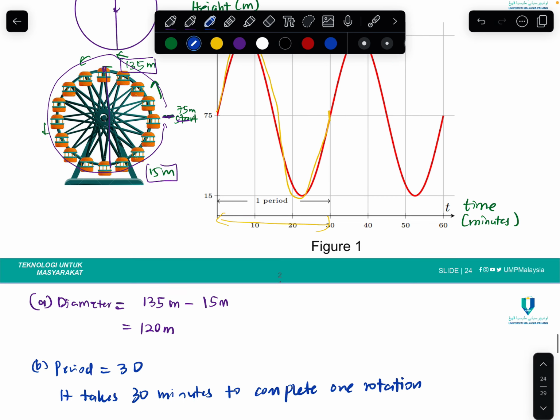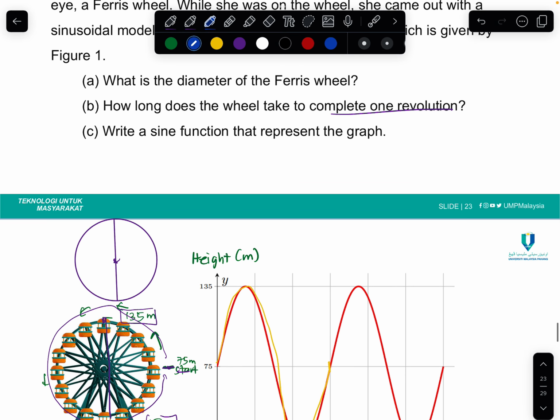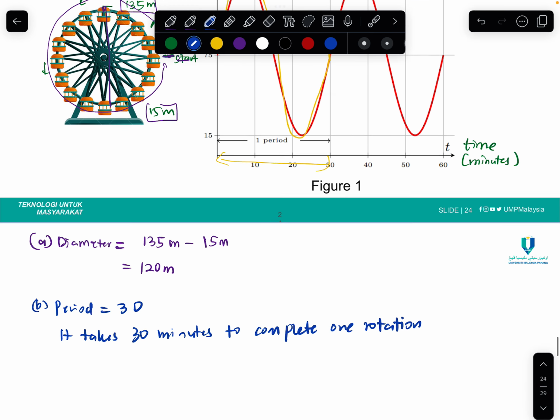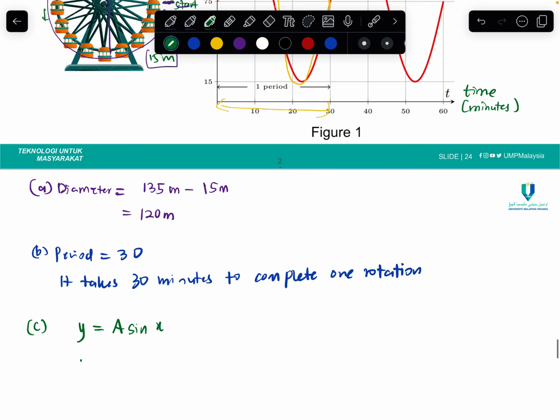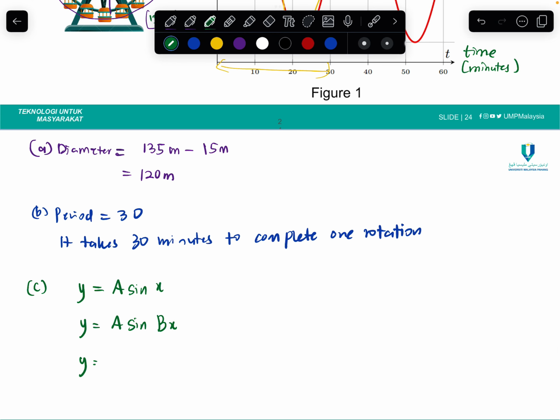Now question number 3. Write a sine function that represents the graph. Now you have to formulate it using sine. We have 3 types: y equals a sine x, or y equals a sine bx, or the third case, y equals a sine bx minus c.